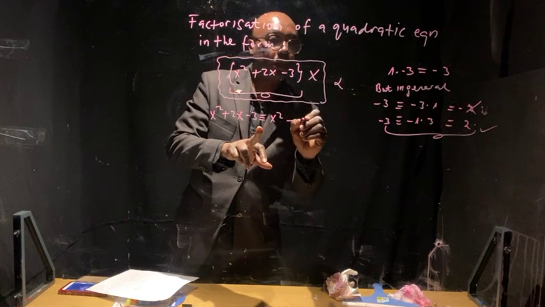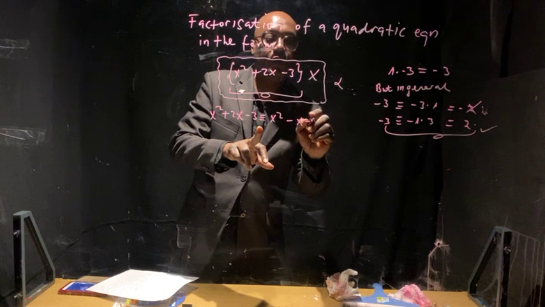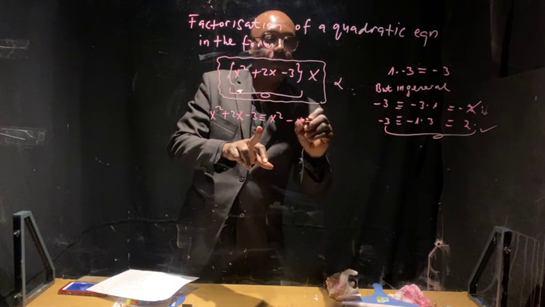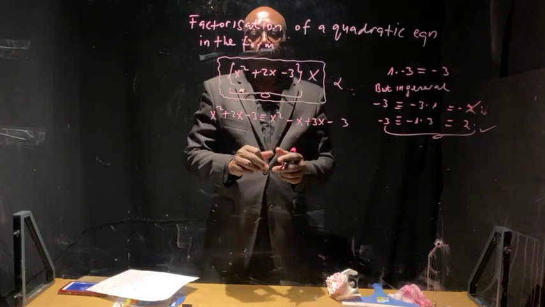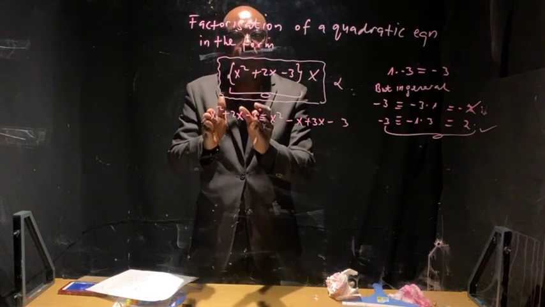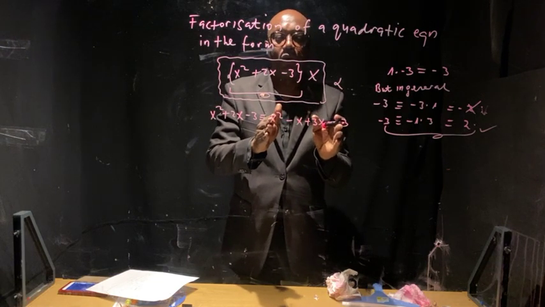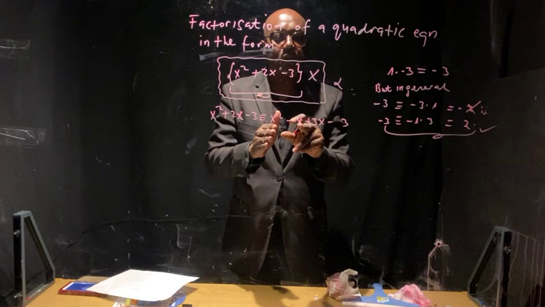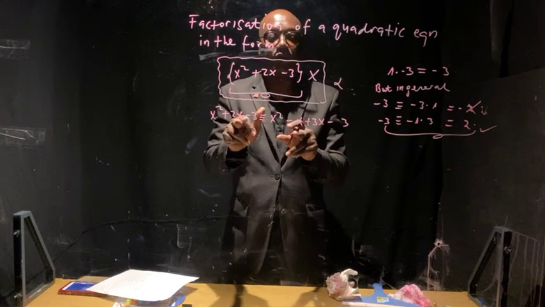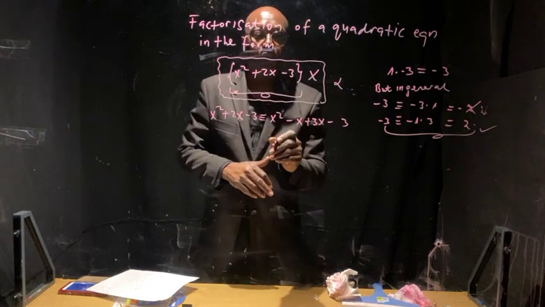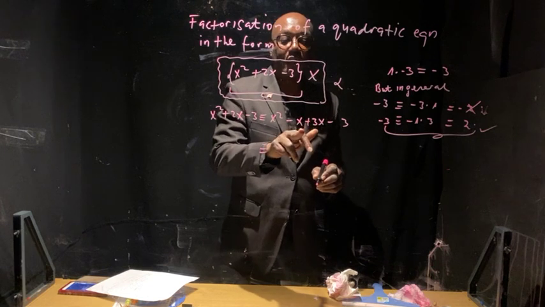So it becomes x squared minus x plus 3x, then minus 3. The left-hand side quadratic equation is no different from the right-hand side quadratic equation. Why? If I add minus x plus 3x, we will have plus 2x, which is the same, and everything is the same.